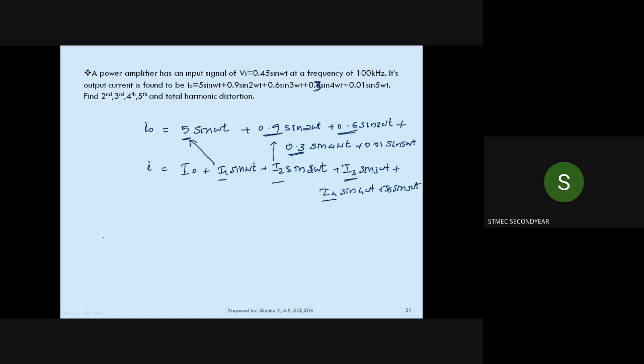So our second harmonic distortion, D2, will be equal to what? Modulus of I2 divided by I1. So it will be I2 is equal to 0.9 divided by I1 is equal to 5.